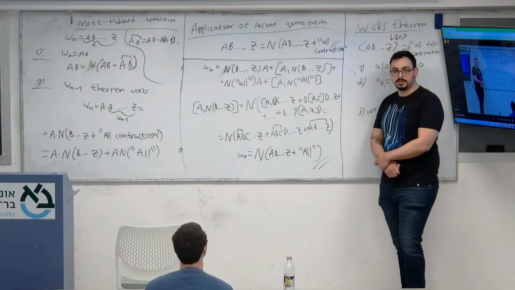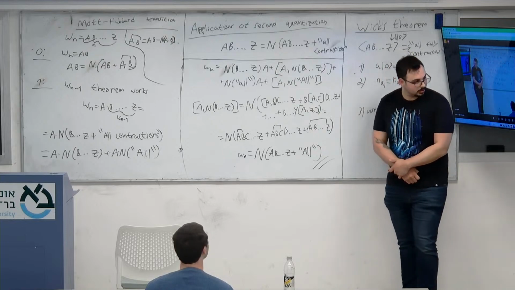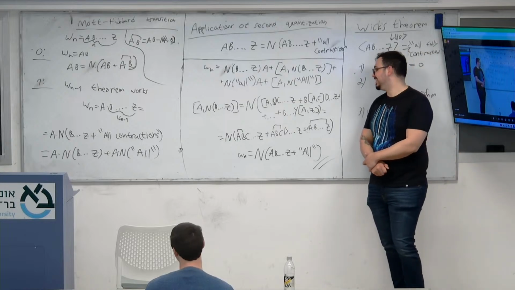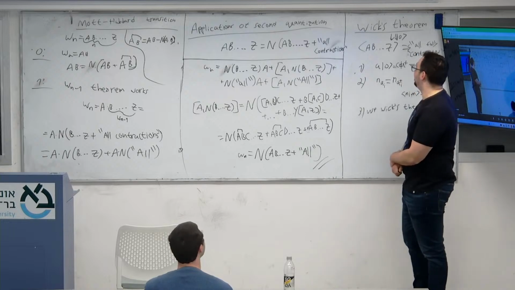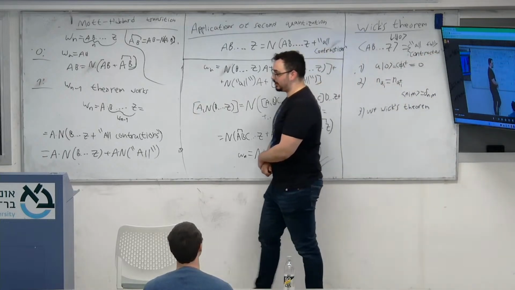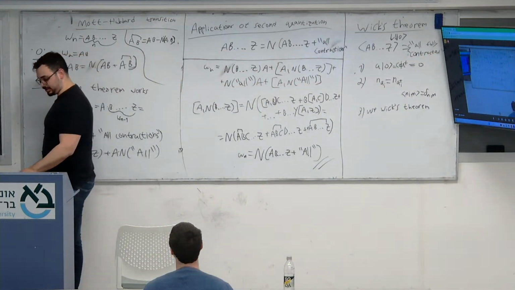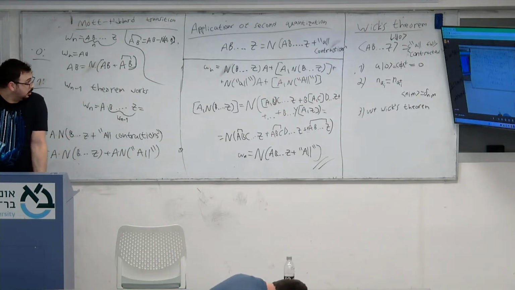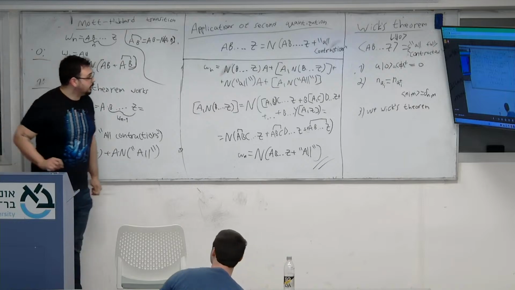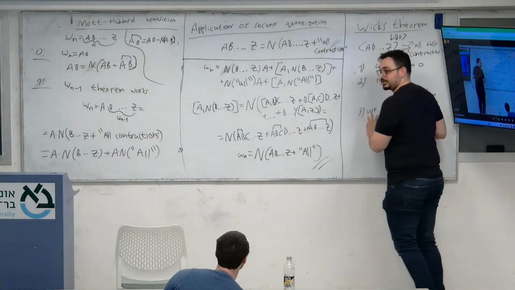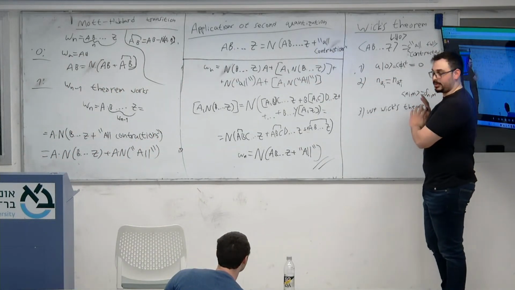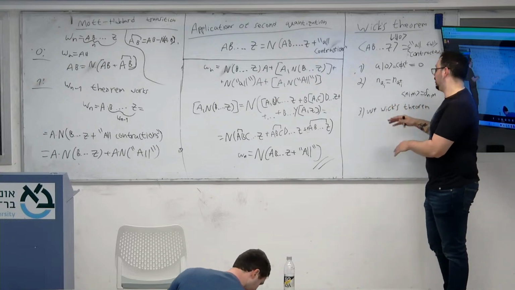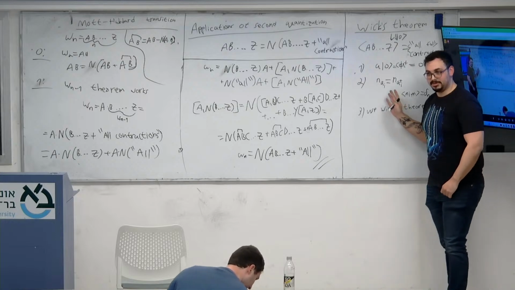Any questions? I thought we wouldn't have time for everything. I could have actually added another chapter, but it's okay. This is it. Again, remember these three steps. They will make every expectation value on the vacuum very simple to calculate.